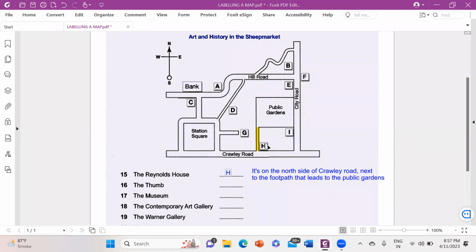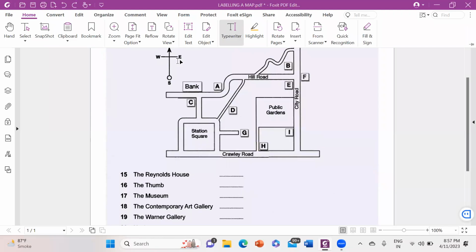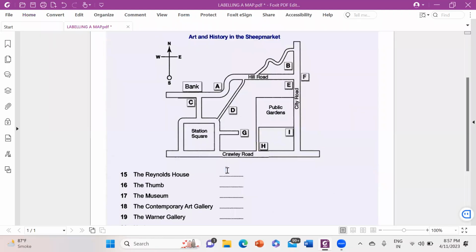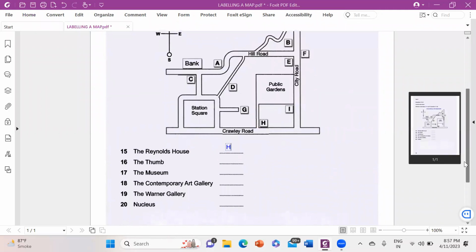But the Reynolds house is next to this footpath. All right. Great. So H is the answer. Let me just write down H over here. And now let's talk about question 16.